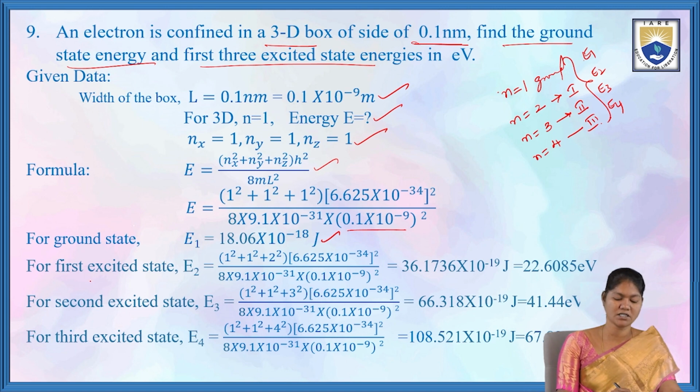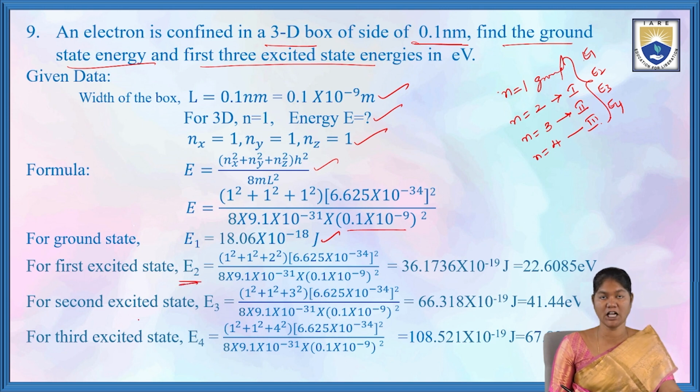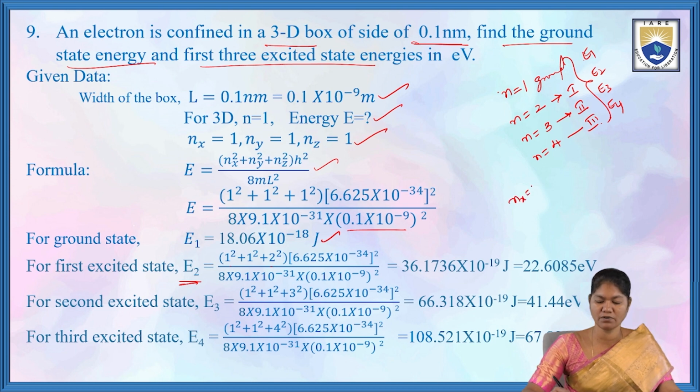Likewise, when n equals 2, the first excited state E2, in the same manner. Substituting, for n equals 2, we have to take nx equals 1, ny equals 1, nz equals 2, as in a one-dimensional potential box.